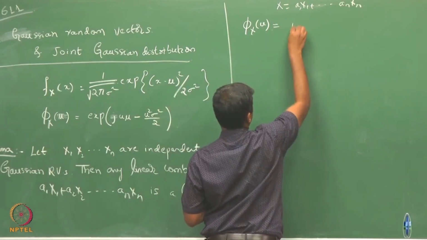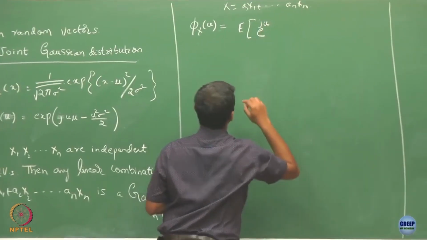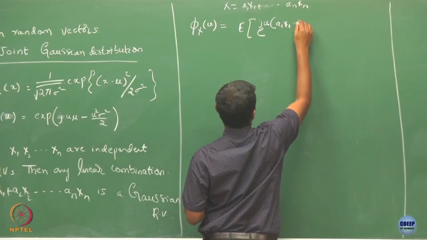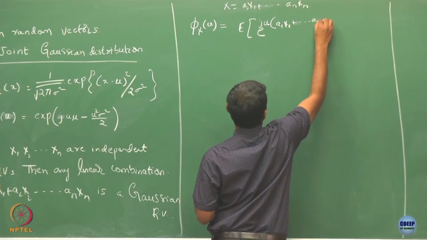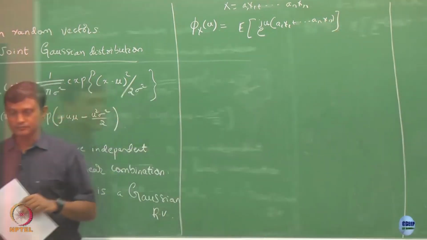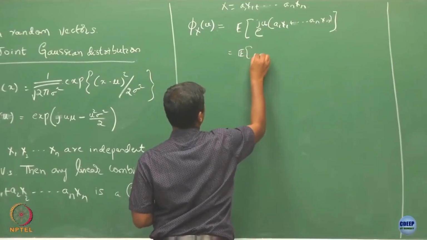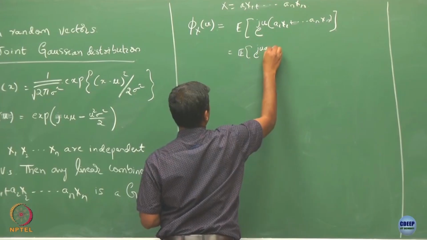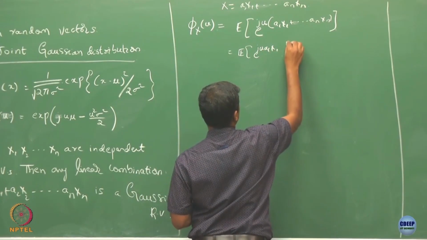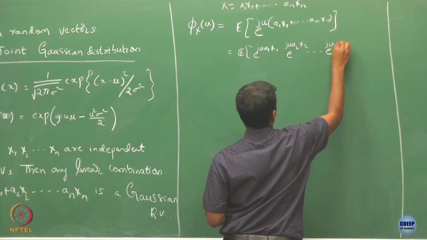Now what is this going to be? It is going to be the expected value of e to the power j u times a1 x1 plus all the way up to an xn. So this is nothing but the expectation of e to the power j u a1 x1 into e to the power j u a2 x2 all the way to e to the power j u an xn.